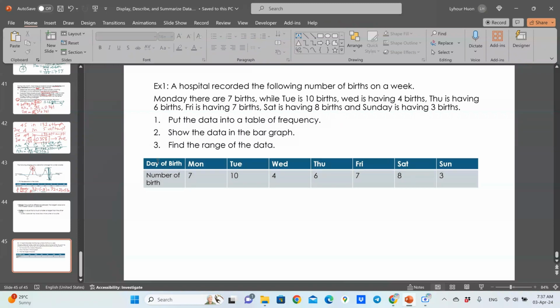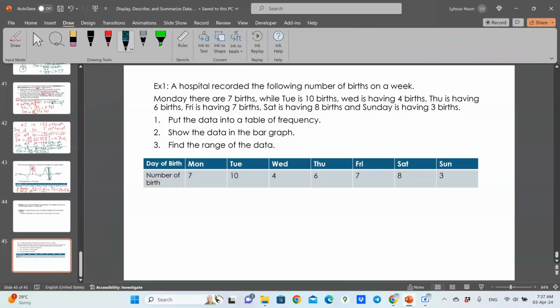Okay, this is the answer to number one. How about number two? How do we show this data in a bar graph? The vertical is the number of births, and the horizontal is the days.